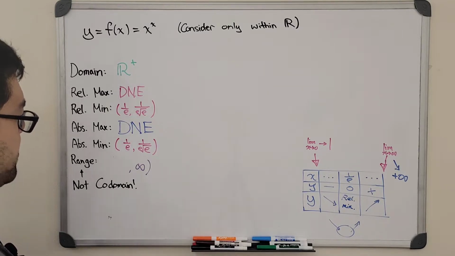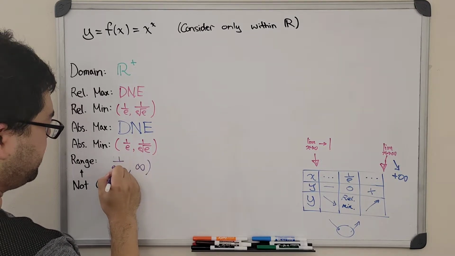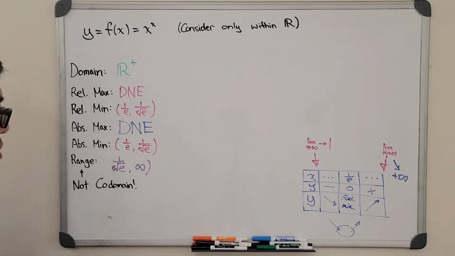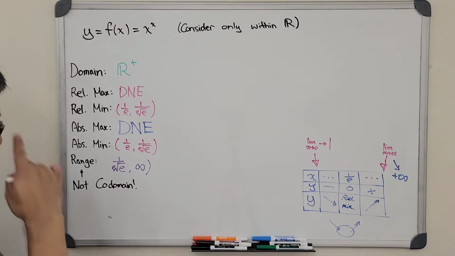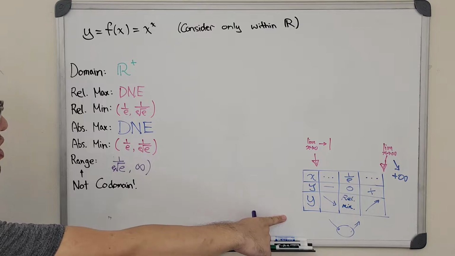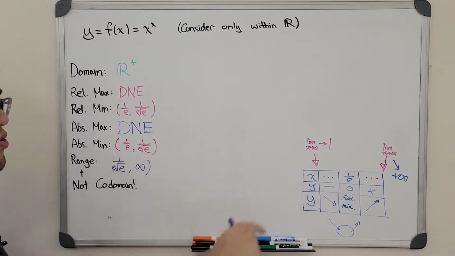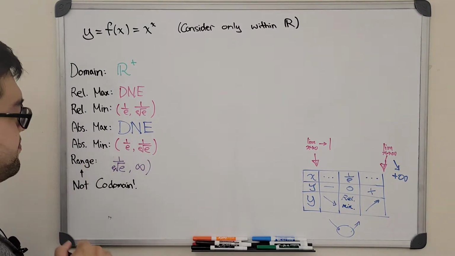And here we have the absolute minimum, which is 1 over the e root of e. And keep in mind, when we talk about a range, it is referring to the dependent variable. So in this case, it will be our y value. So if we try to use the results that we found, we just need to use the y value of those results to do the comparison, and then we'll be able to get the range of the function.